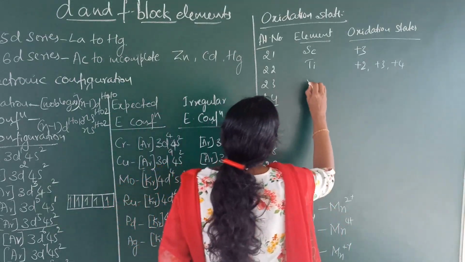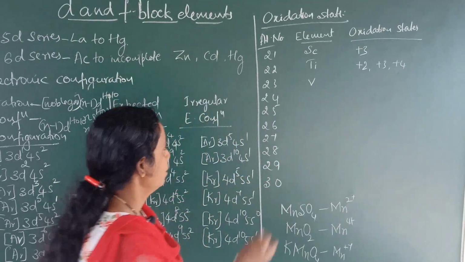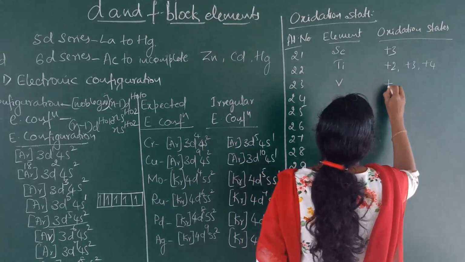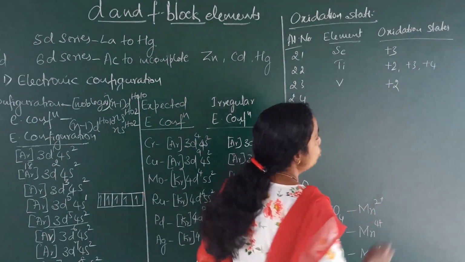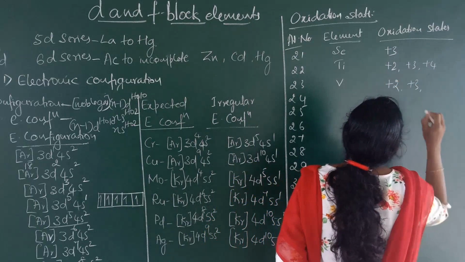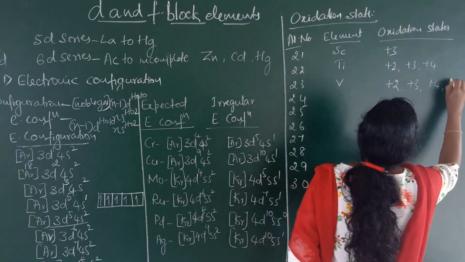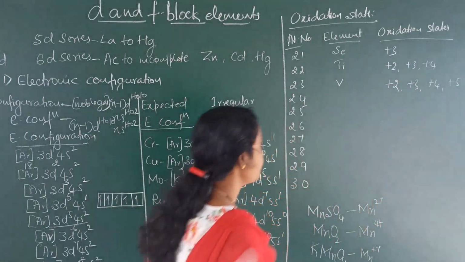Next element is vanadium. Vanadium shows 4 oxidation states, +2, +3, +4 and +5.